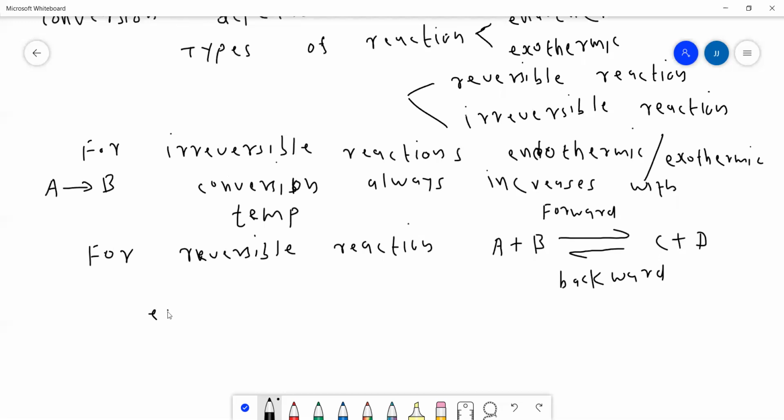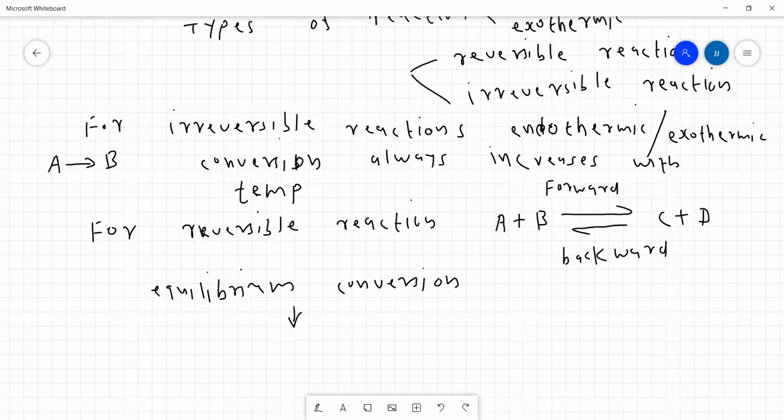Equilibrium conversion. And what is the equilibrium conversion?